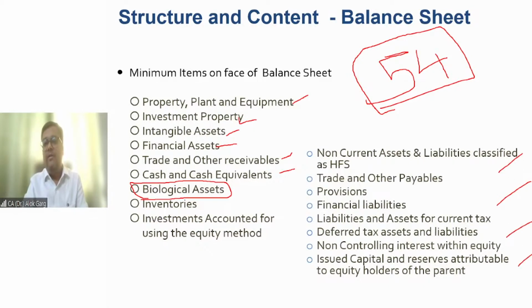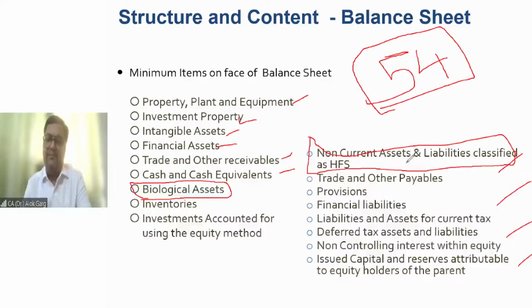Sir, whether we need to follow only Schedule 3 or Ind AS 1 also? We need to follow both. For example, the line item non-current assets and liabilities classified as held for sale is not there in the Schedule 3 presentation. Will you show this line item if it is there in the company? Yes. Why? Because Schedule 3 says that whatever I have given you is the minimum requirement.